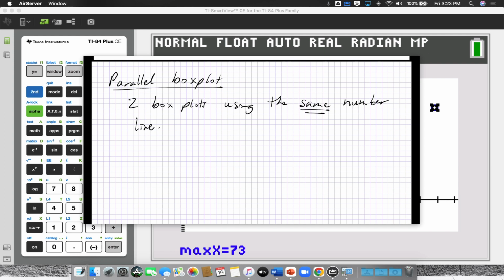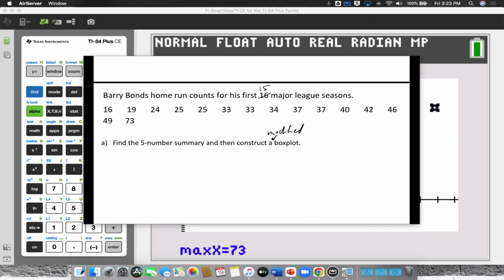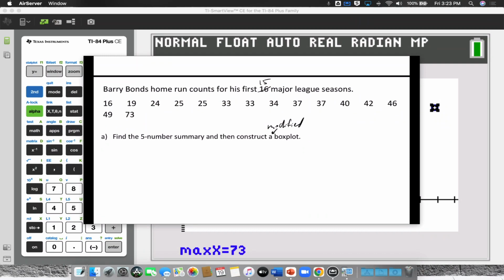I'll give you an example. I should have done it on here, but I didn't, so I'll show you. Let's say I had Barry Bonds's data, and let's say I had another player, Alex Rodriguez, David Ortiz, some other player, and I said, make a parallel box plot.